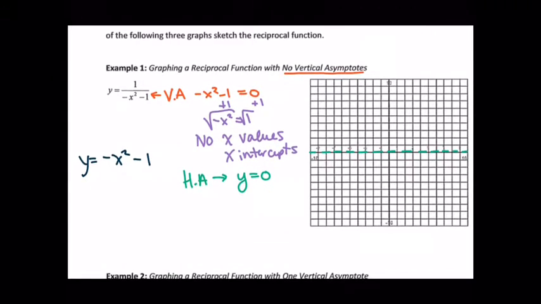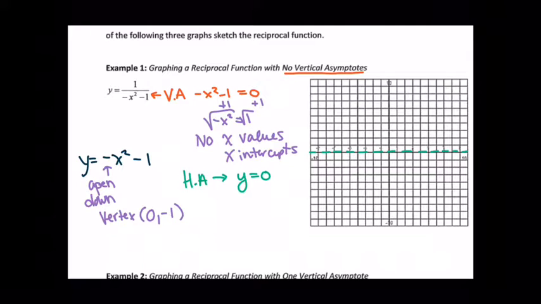The original graph here is negative, so that negative tells me it's going to open down. We can find our vertex, and our vertex is going to be (0, negative 1). So this graph originally opens down like this.